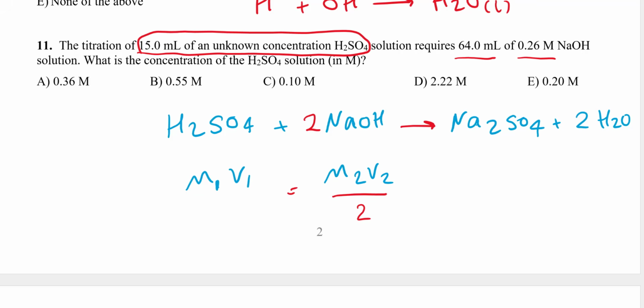We have the volume, it is 15 milliliters for sulfuric acid.